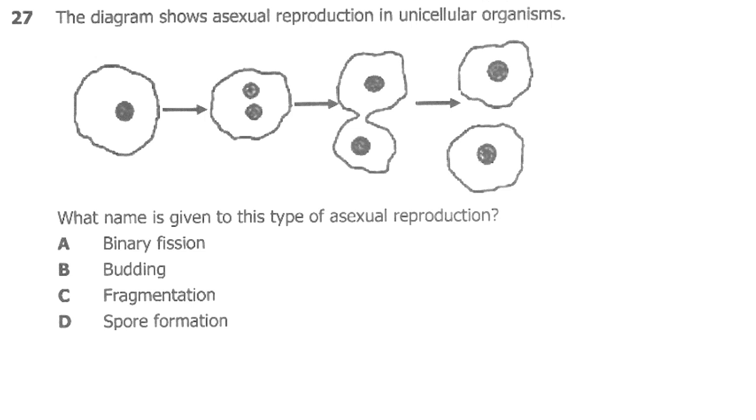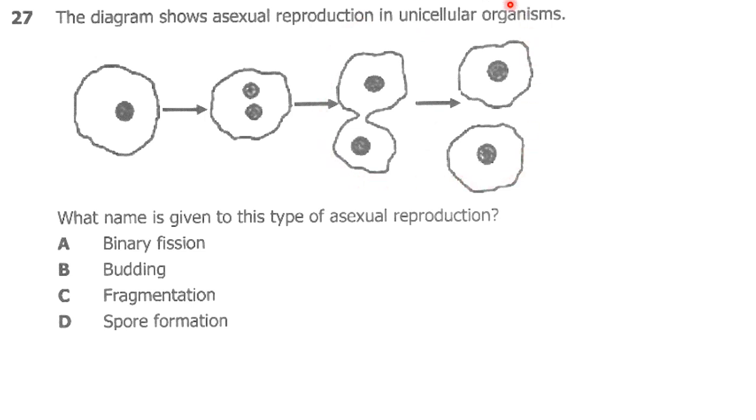We can see from the start that the parent cell divides into two daughter cells which are equal and possess the same traits.